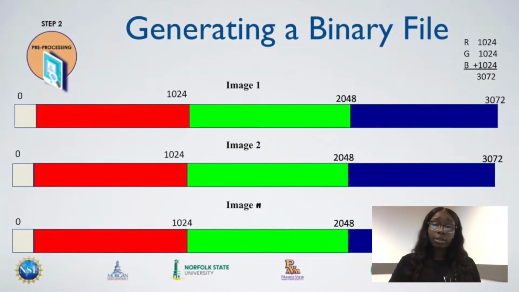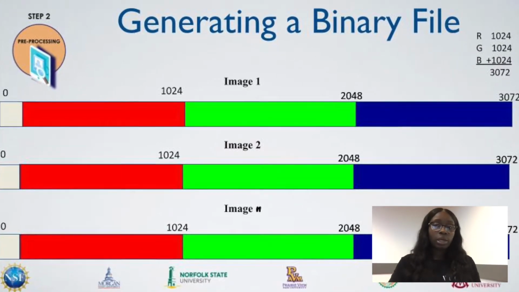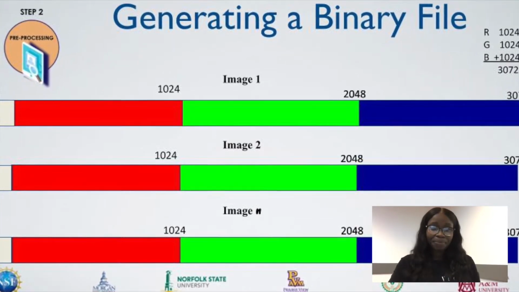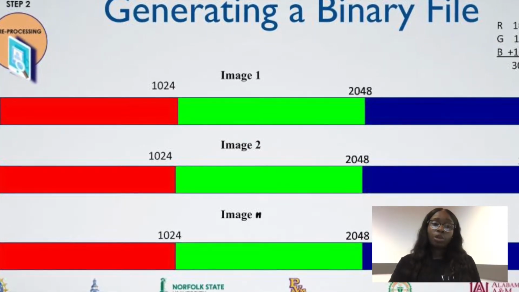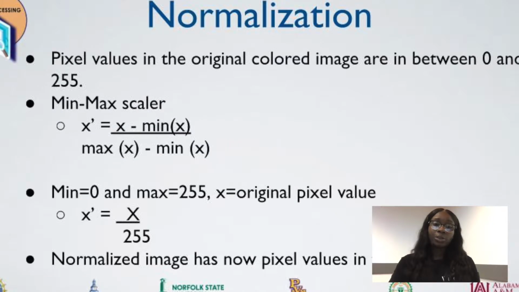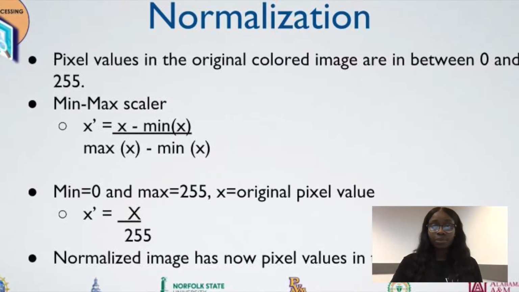This slide shows how this process can be applied to any number of color images: image 1, image 2, and image n, and so on. Using the values from the original image, we can normalize the values. The min-max scaler method will be the method used.